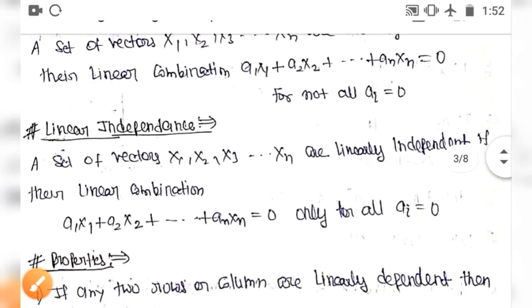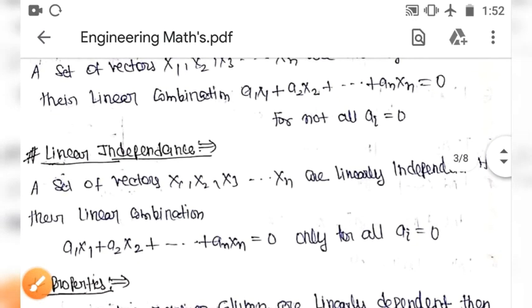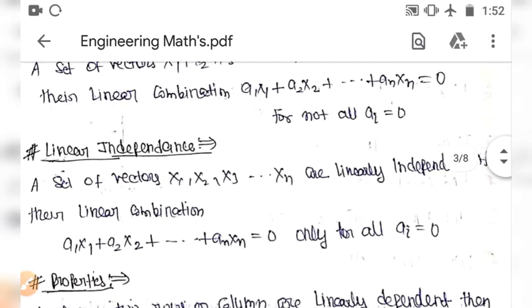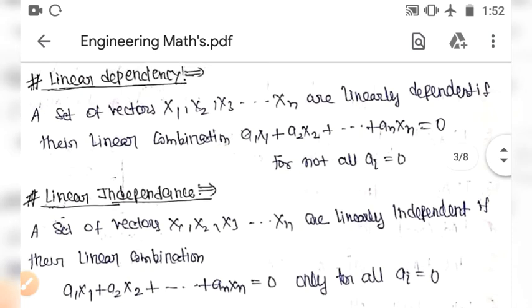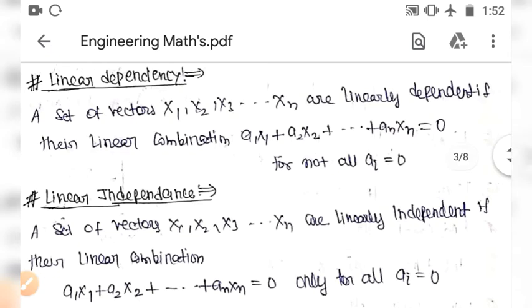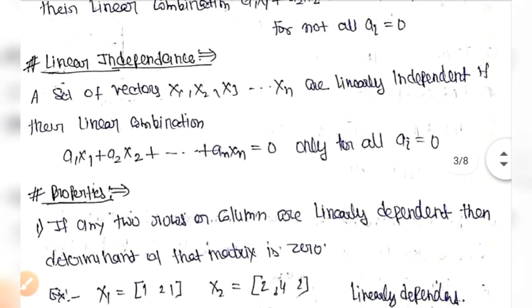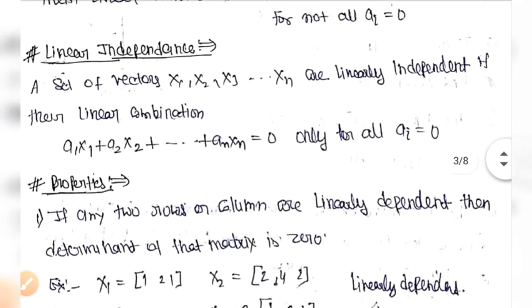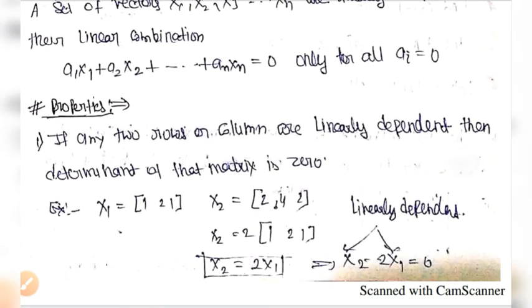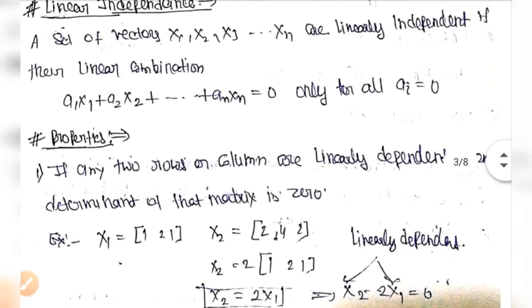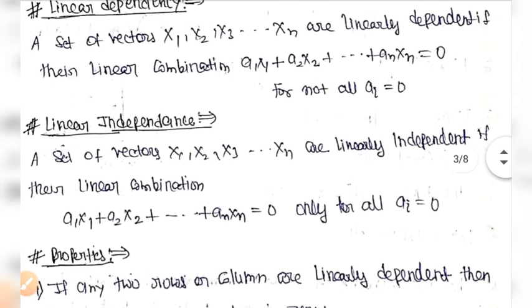When you read this definition of linear dependency and independency you will get confused. So I'll tell you the shortcut to find when a set of vectors is called linearly dependent and when it is called linearly independent.